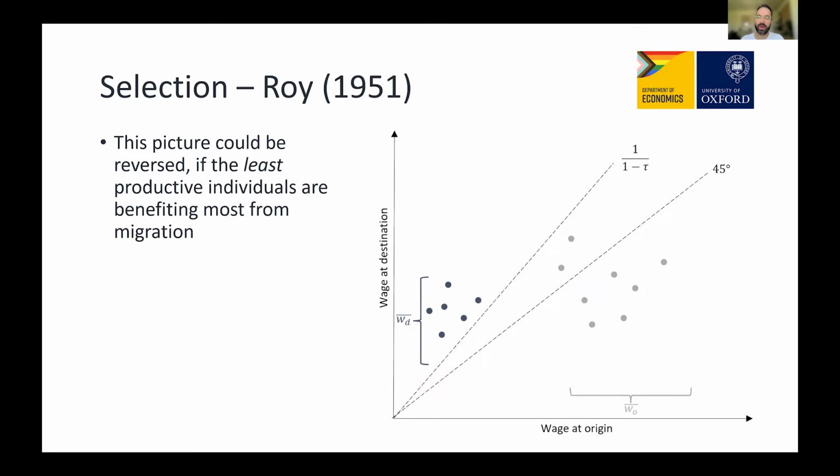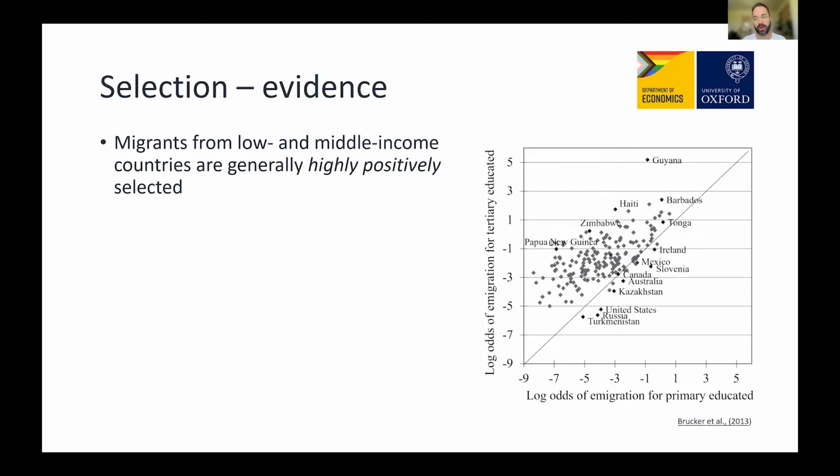Now, how does the empirical evidence look? Does it look like migrants who move across international borders are positively or negatively selected? So would they have had higher wages even in the origin or not? And the evidence here is pretty clear in favor of positive selection.